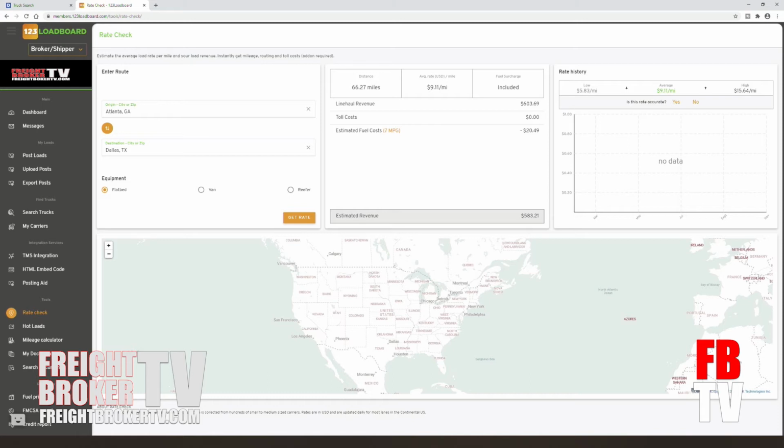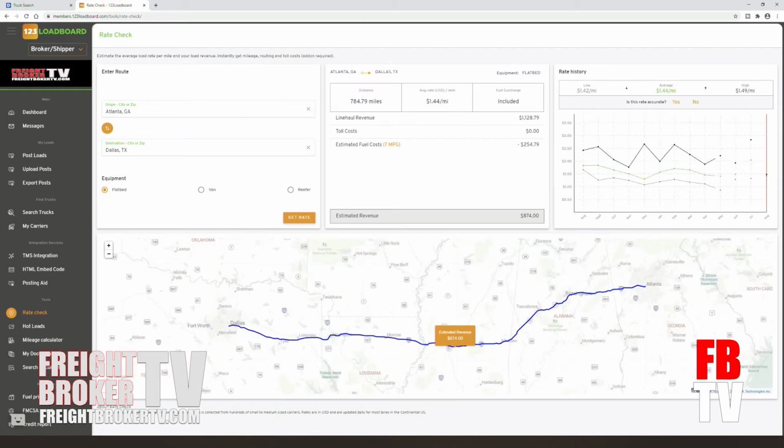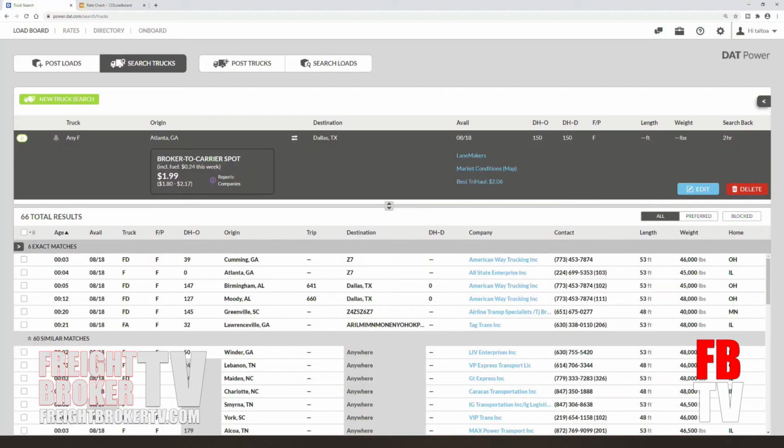Where are they coming up with that number, $9.11 a mile? Oh, maybe we need to get rate. There we go. All right, now there we are. $1.42. So why is $1.44 the average here, and $1.99 when we're talking about DAT?